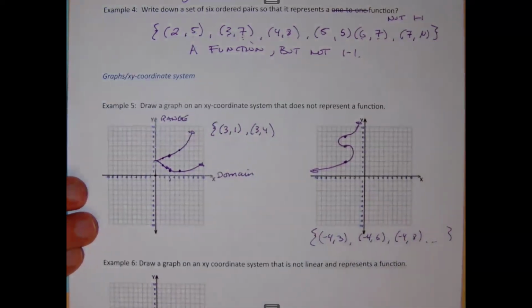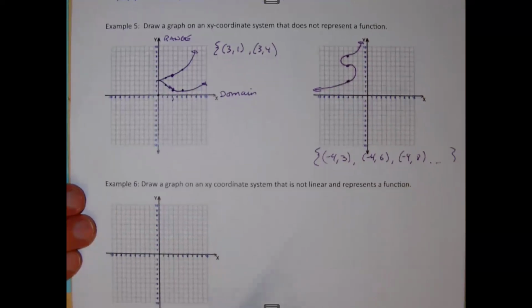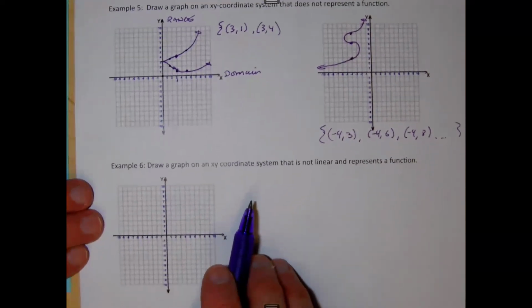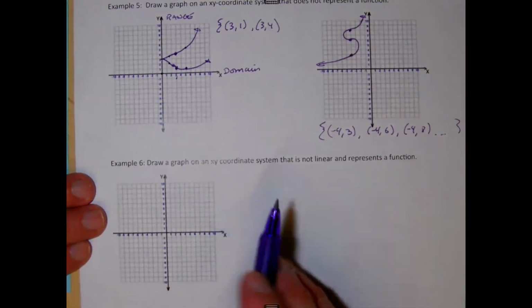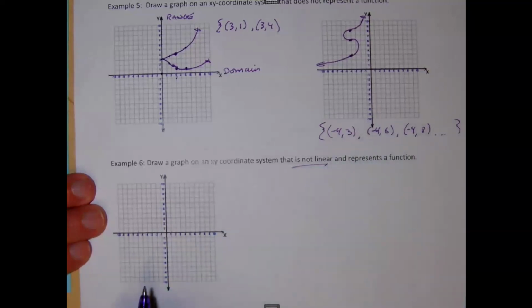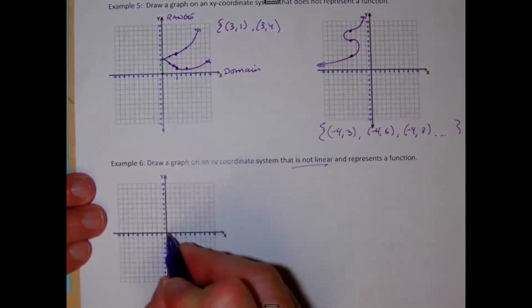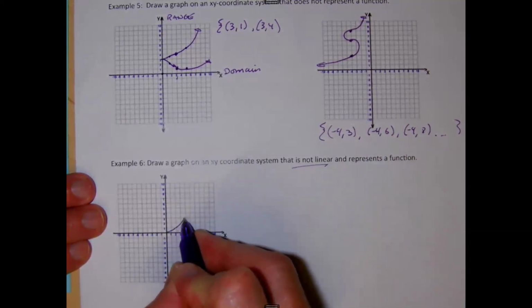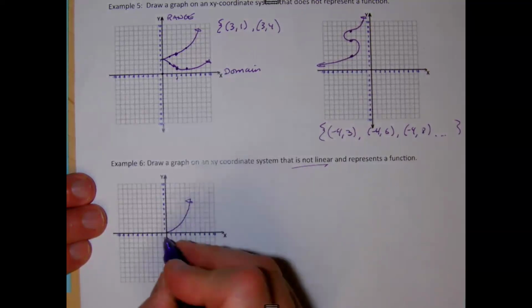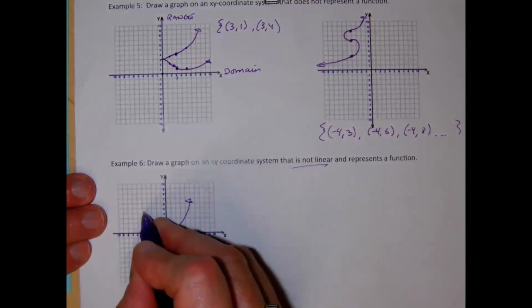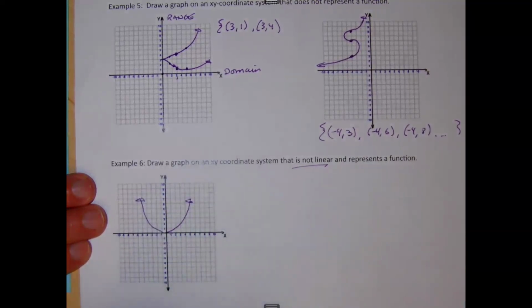Okay? Draw a graph on the XY coordinate system that is not linear and represents a function. So now I don't want it to be a line or linear, but I want it to be a function. Well, tell you what, I'm going to just draw a quadratic. I'm going to make my life really simple, or a quadratic-looking function. And this definitely is a function, right?